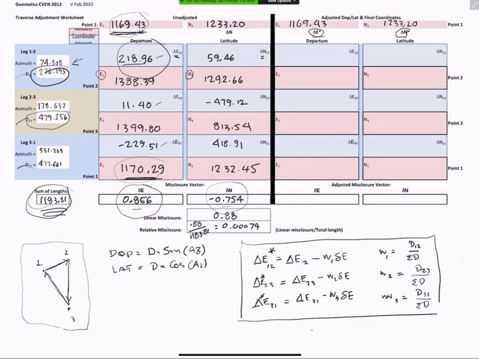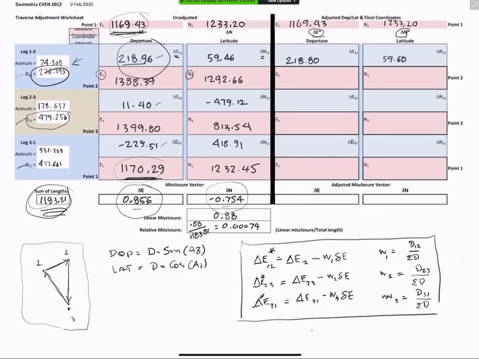So let's do that. In the first case, the corrected delta E from 1 to 2 is going to be 218.80, and the northing is going to be 559.60.